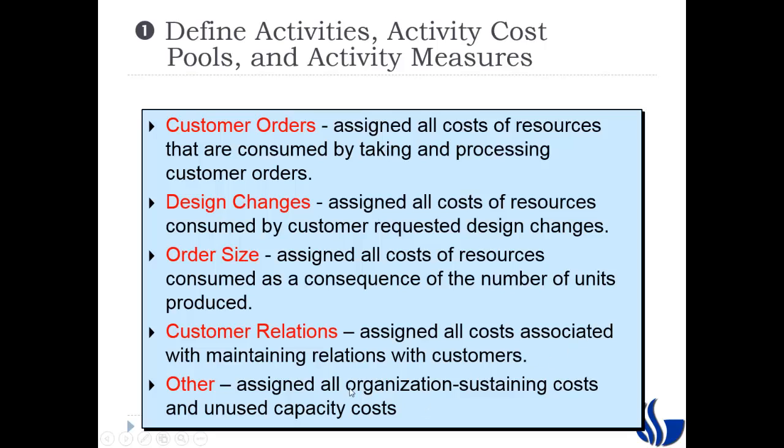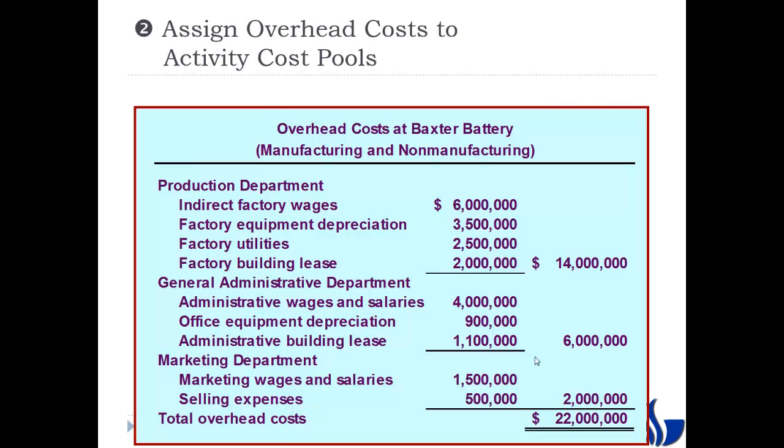So as it says there, it's organization sustaining cost pool. Okay, so that's the first step in ABC. The second step is to take the indirect costs, not only the overhead costs of $14 million in overhead, but all the indirect costs, so some of the selling and administrative costs, and assign those to the activity cost pools.